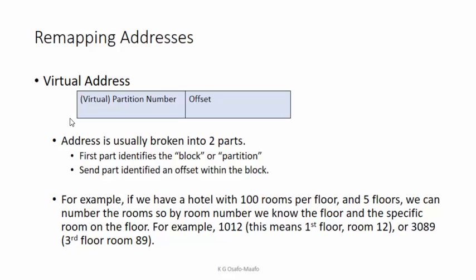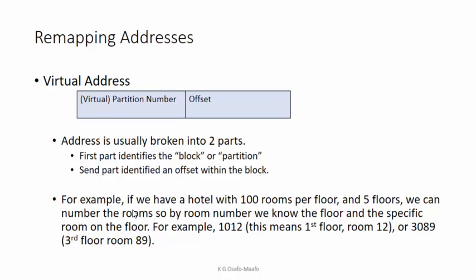Now that means that anytime we have an address, we can break it into 2 parts: a virtual address number and an offset. And the idea with this, and I'm sure maybe you've encountered this before, there are some hotels, for example, or some offices that when you enter, they would say, oh, this is room 101, meaning it's on the first floor, it's the first room. Room 206, second floor, 6th room, and so on.